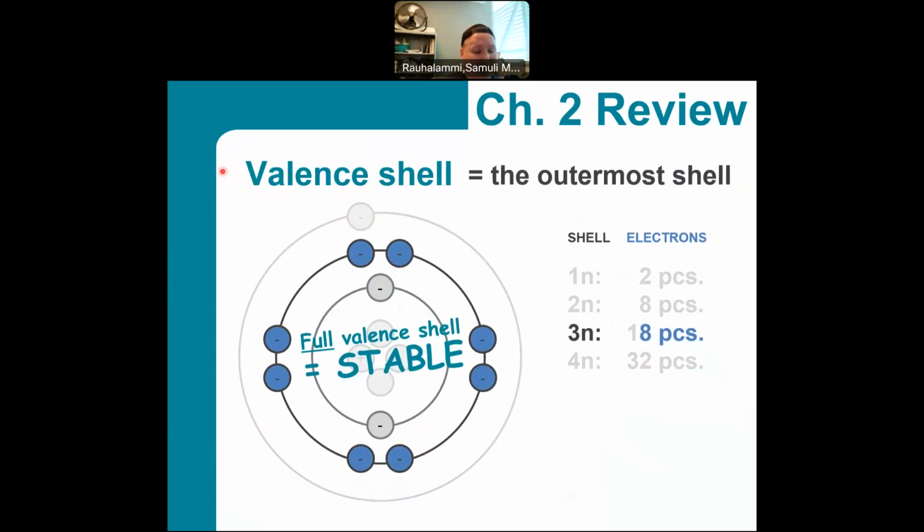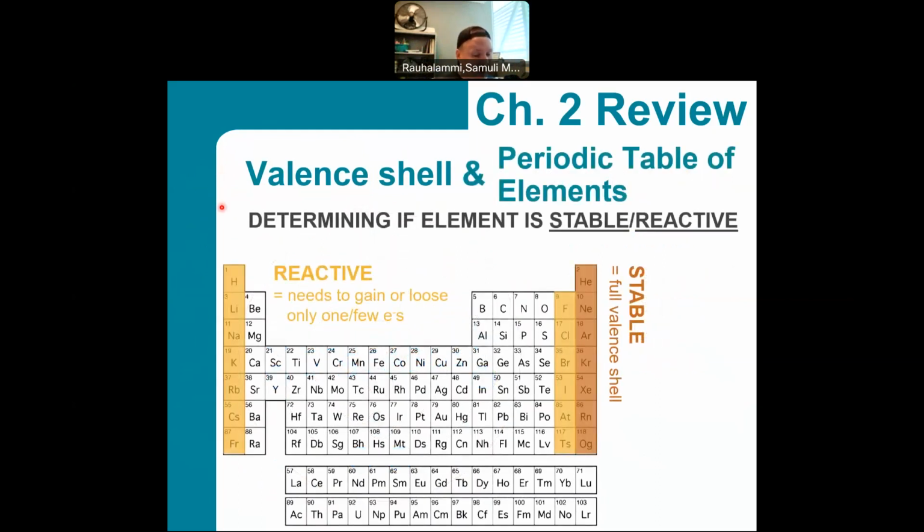Actually, this concept can be seen also on our periodic table of elements, where we're seeing that certain elements listed on this table are found in the areas where these particular elements are very reactive. So if you have one of these elements, you know that it's going to be very, very eager to take part in chemical reactions.